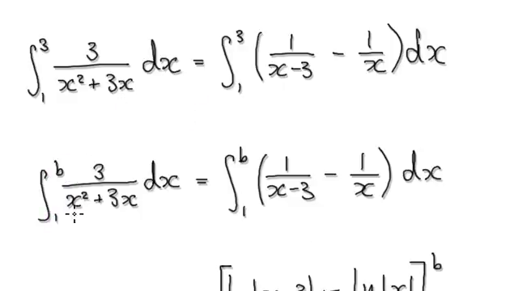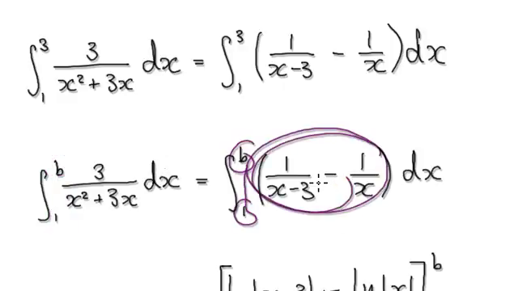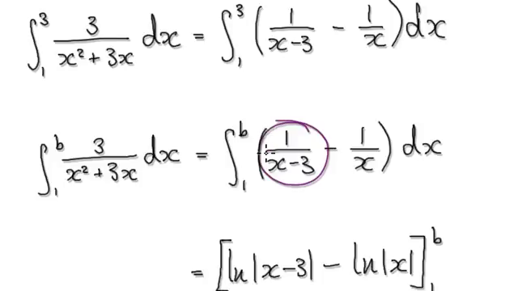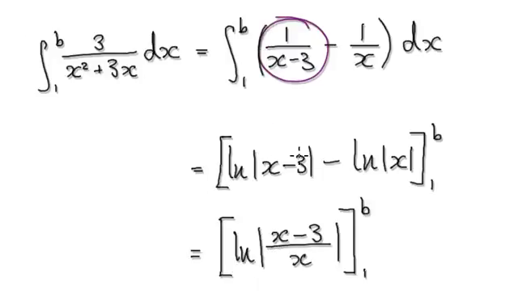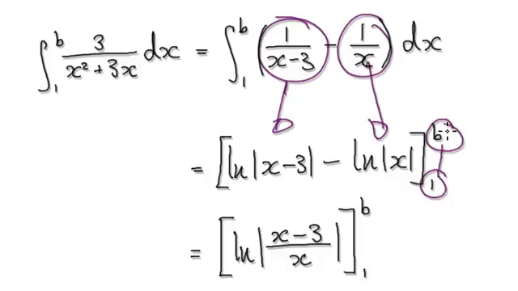So integrating it from 1 to B, now it's just a matter of integrating this. It will give you the absolute value of x minus 3, and then this from 1 to B.